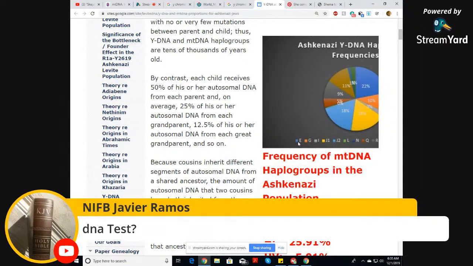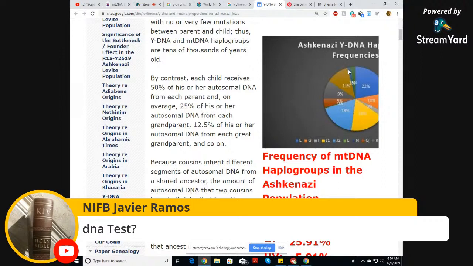So the E is actually Hamitic, and the G is the beginning of the Shemites, basically. So it's Semitic here, it's African here, and the rest are pretty much Japhethites, I think. So it's pretty consistent with the other chart that we're looking at.